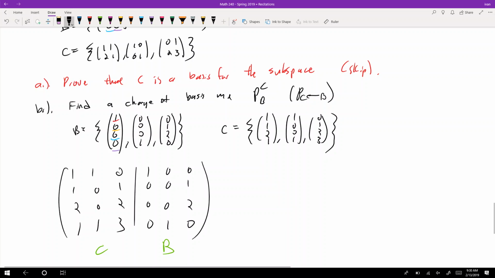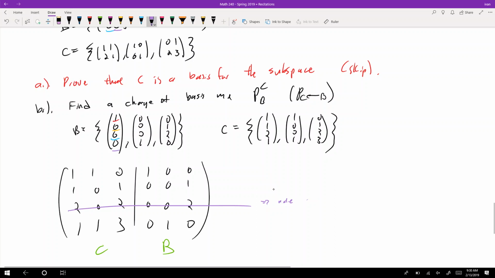Okay, so what should we get rid of? Second or third row. Why? Because they're multiples of each other. Exactly. Second and third rows are multiples of each other, right? So for the sake of things, let's just get rid of row 3.